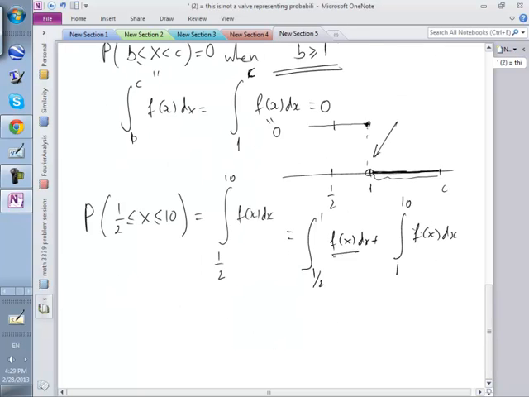What is the value of f here in this interval from 1/2 to 1? Well, it's 1. So I integrate from 1/2 to 1 times dx. In the other part, except only for a single point, the value of the density function is equal to 0.